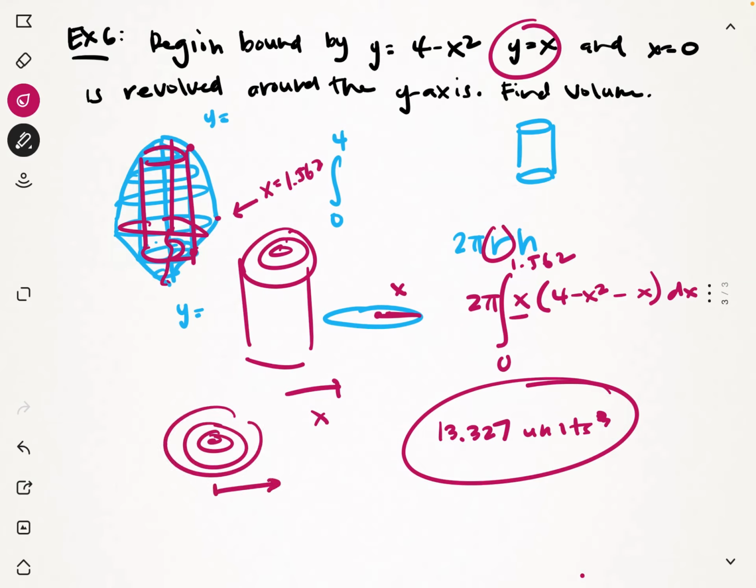If we're wrapping a toilet paper roll, it gets bigger and bigger towards the x side. If we were to stack circles here, we could do the same thing, but then we would have to do our function and our integral with respect to y, because we're stacking circles vertically, if that makes sense.